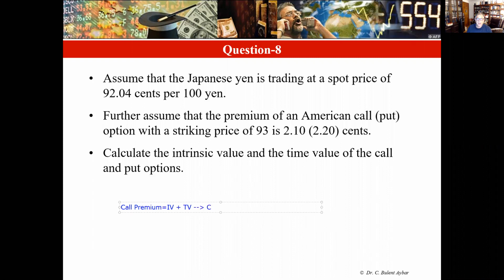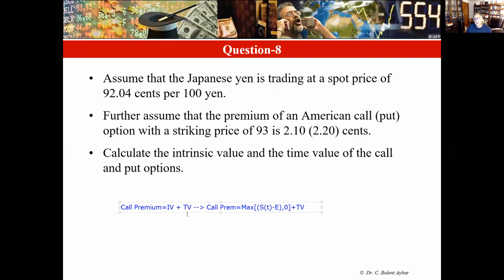The call premium is equal to the intrinsic value, which is the maximum of, as we wrote this before in the case of a call option at any given time t, the difference between ST and E, which is the exercise price, and 0, right? So this is the intrinsic value, plus there's a time value.